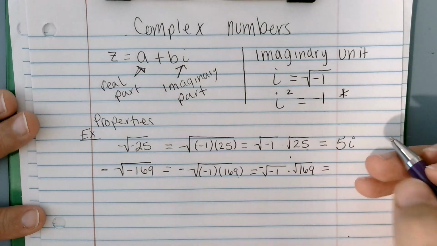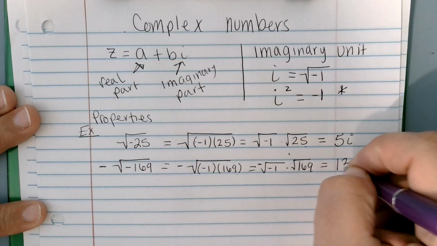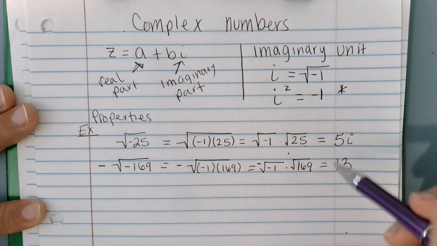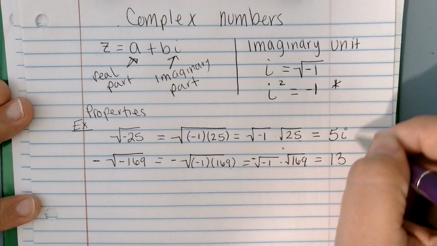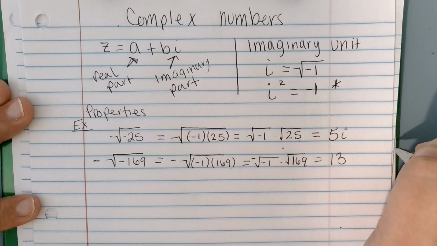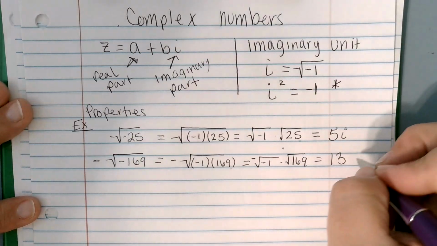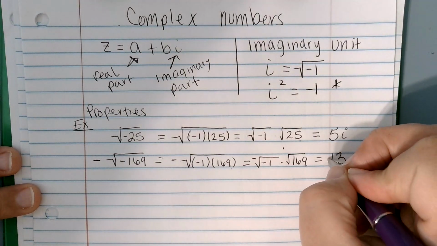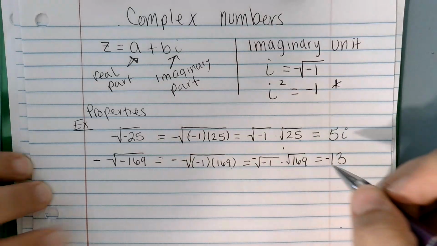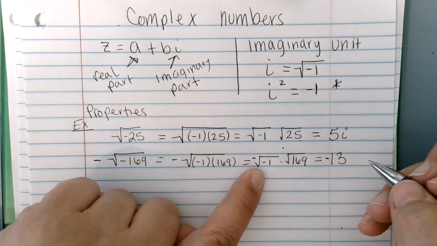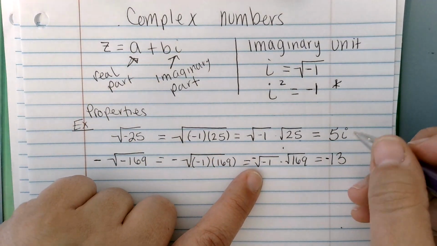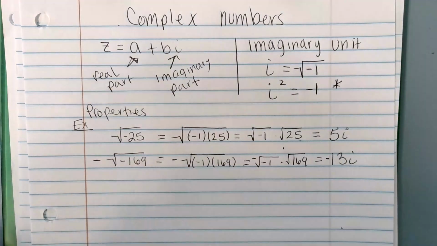So the square root of 169 is 13. And if you don't remember that, just draw yourself a picture. A square can be made out of 13 and 13 on the side to give us 169 points. Ooh, I lost my negative again. -13, because of this negative here. And then the square root of -1 is i. So this is -13i.